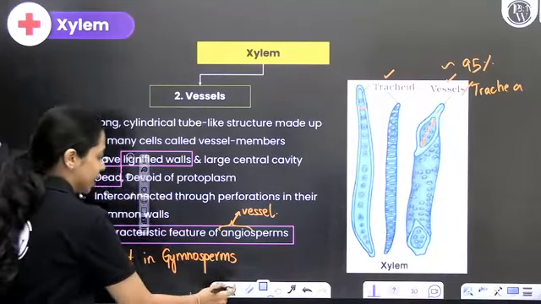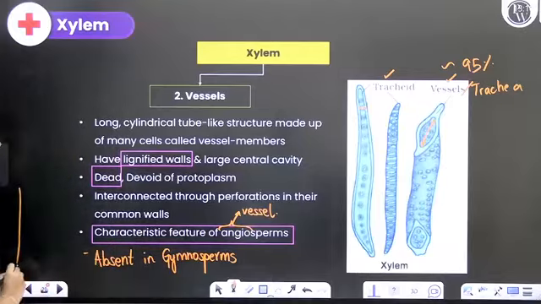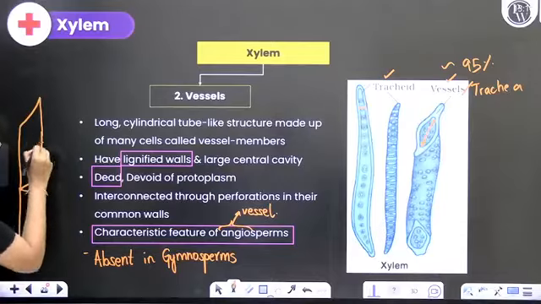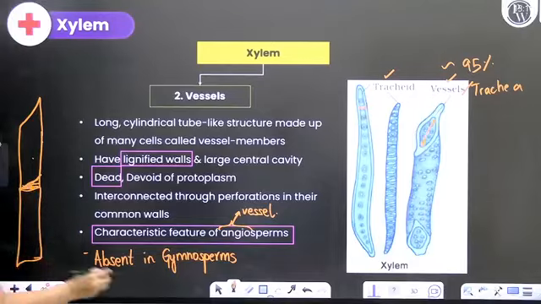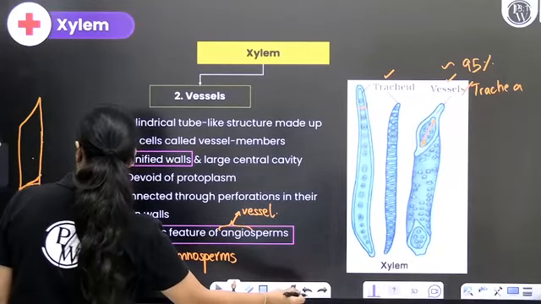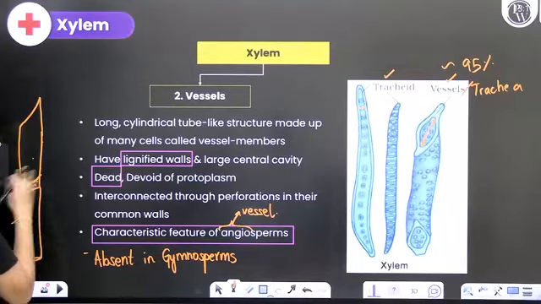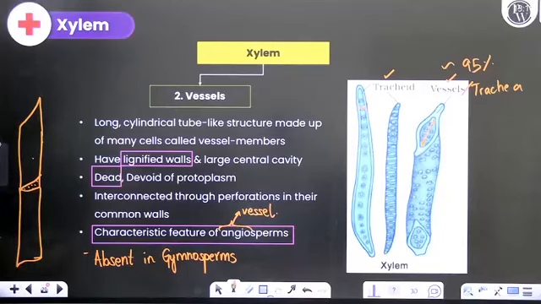So if this is one trachea or one vessel, and this on top of it is another vessel like that, between this cell and this cell there will be this common wall, right? In this common wall you can find pores present, perforations present. Sometimes it will be fully dissolved, sometimes perforations will be present, and through those perforations, water transport will take place. That is about your vessels.